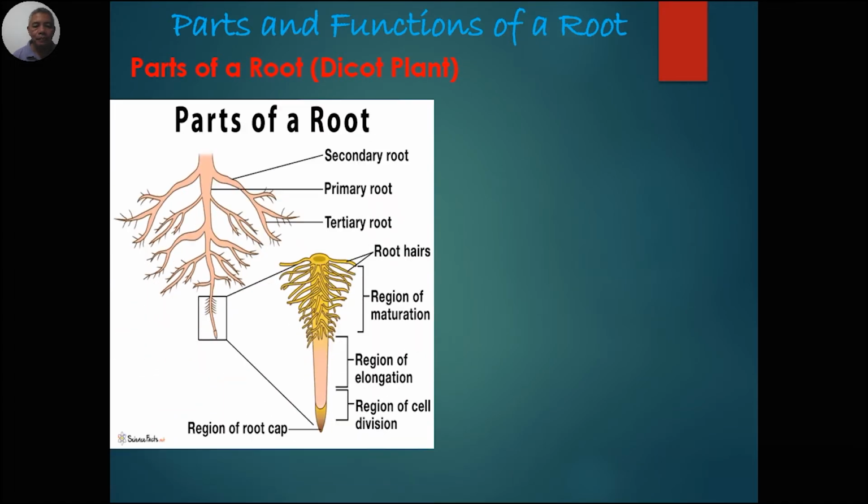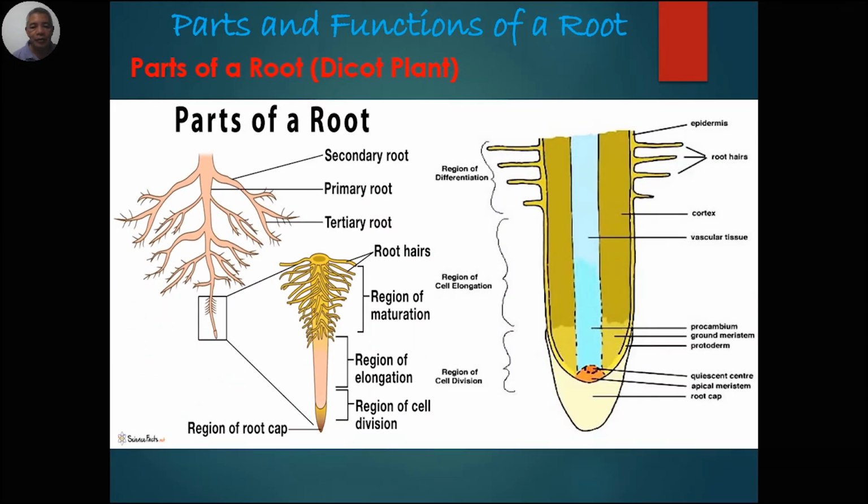Parts and functions of the root. Let us take first the parts of a root of a dicot plant. I have here two images, this one and of course this one. In this image, you can see the primary root, this one.